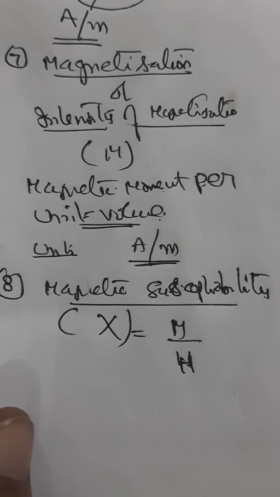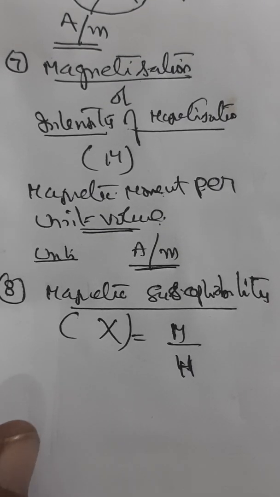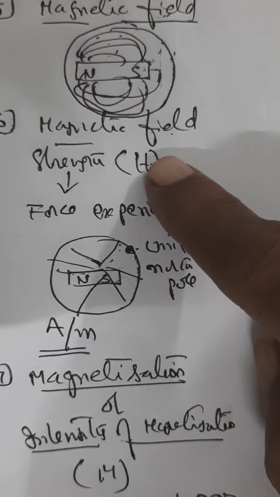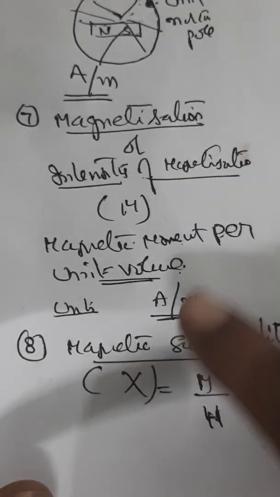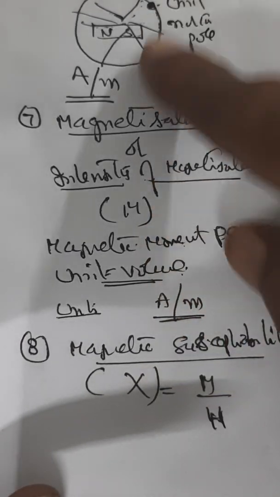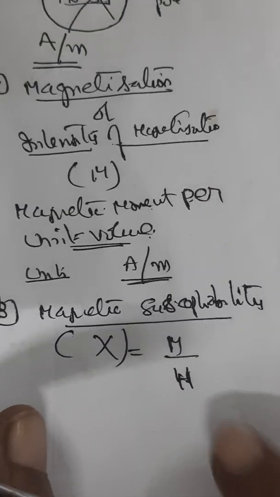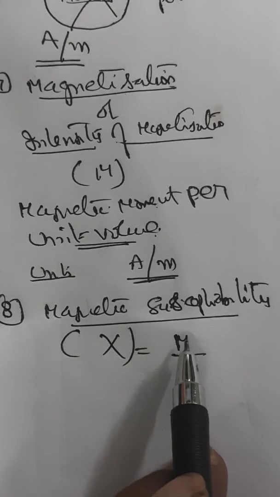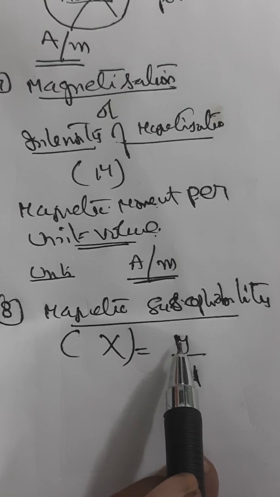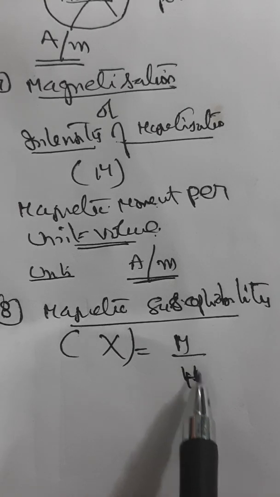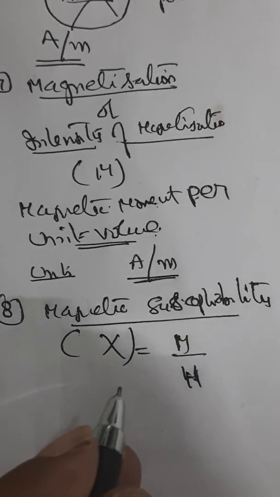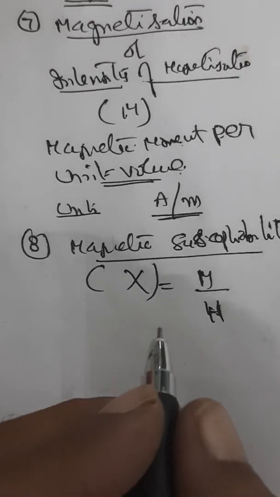Magnetization. What is H? H is the magnetic field strength. We have already defined that magnetic field strength is represented by H and magnetization is represented by M. The ratio between these two is nothing but the susceptibility. So, susceptibility is the ratio of the intensity of magnetization produced in a sample to the magnetic field strength. Because it is a ratio, it doesn't have any unit at all.